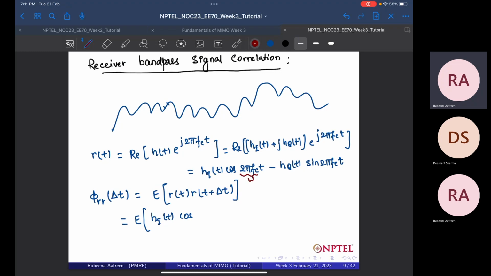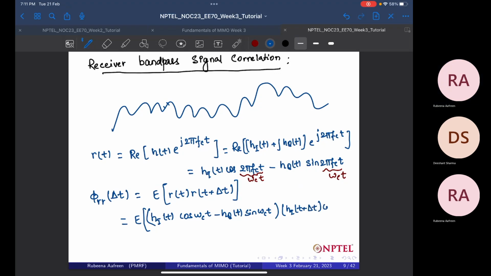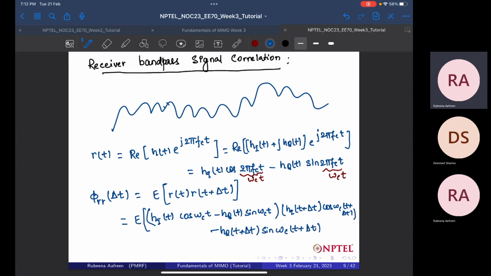We will write it as hI(t) cos of omega c t minus hQ(t) sin of omega c t, then it is hI(t plus delta t) cos of omega c (t plus delta t) minus hQ(t plus delta t) into sine of omega c into (t plus delta t).